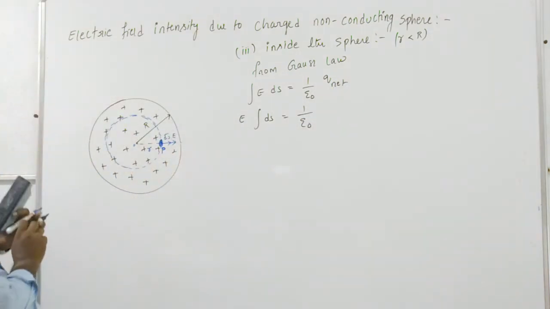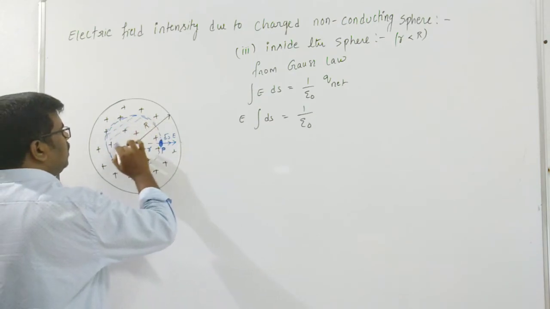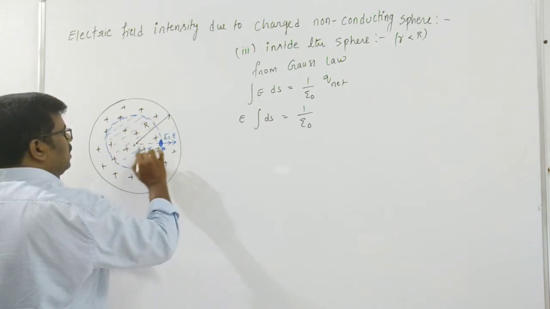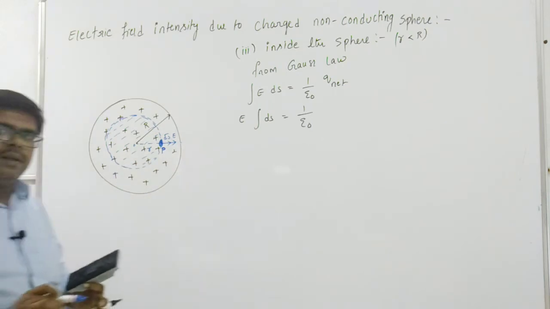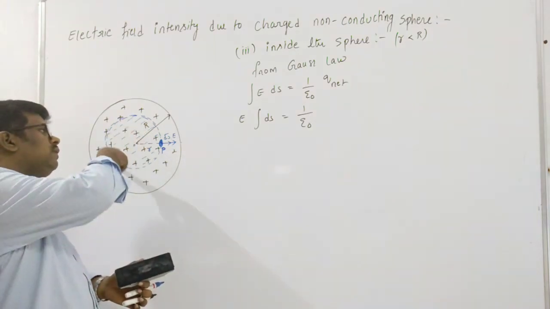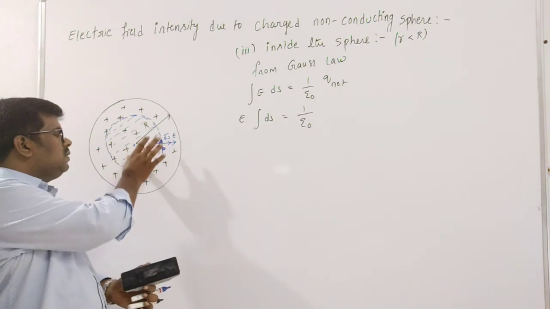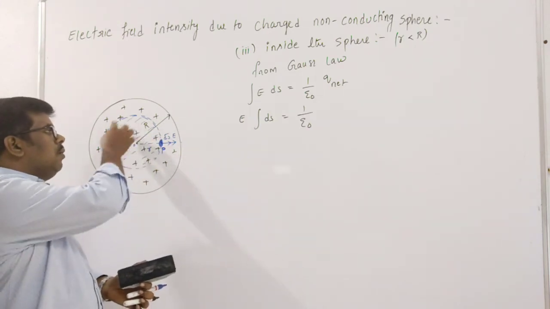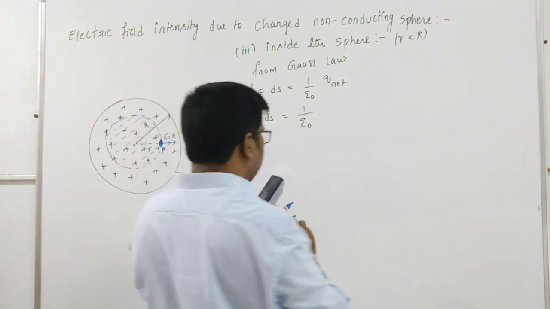Here, what is the charge enclosed by this Gaussian sphere? The charge enclosed by the Gaussian sphere means charge density into the volume of this Gaussian sphere. If you multiply charge density into the volume of this Gaussian sphere, you will get the charge enclosed by this Gaussian sphere. That's why I am writing that one here.